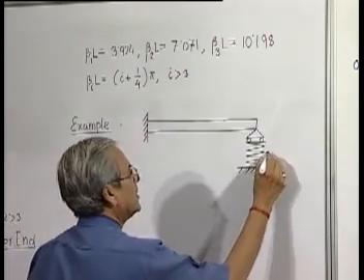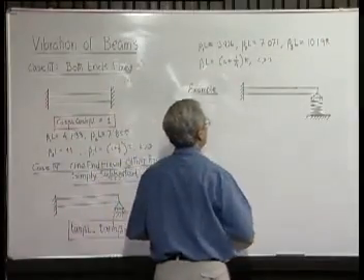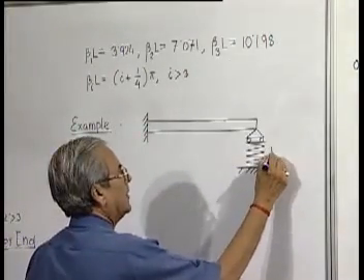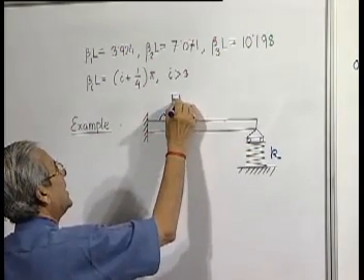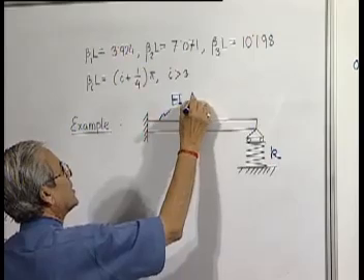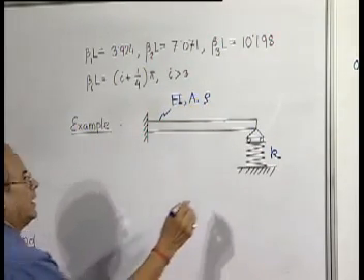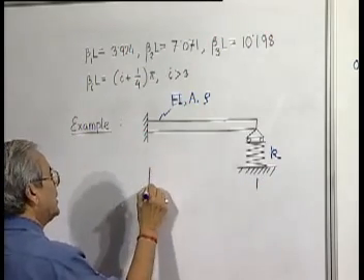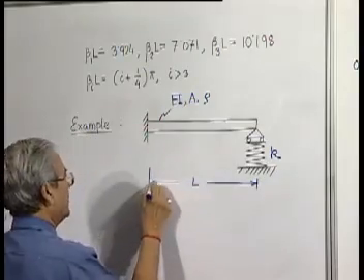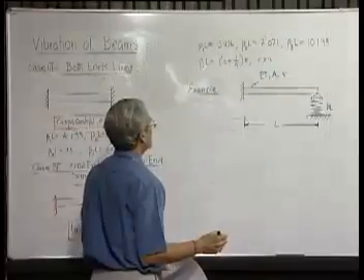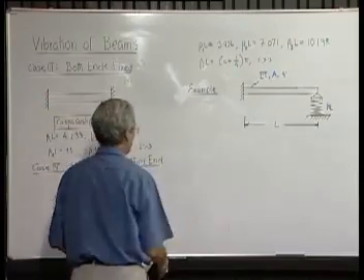So the stiffness is K of the spring, the rigidity modulus is EI for this beam, cross sectional area is A, density of the material is rho, and length of the beam is L. So what will be the natural frequency?